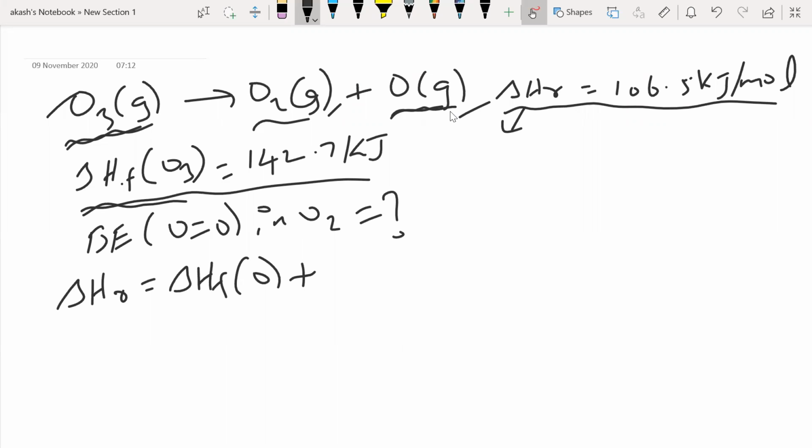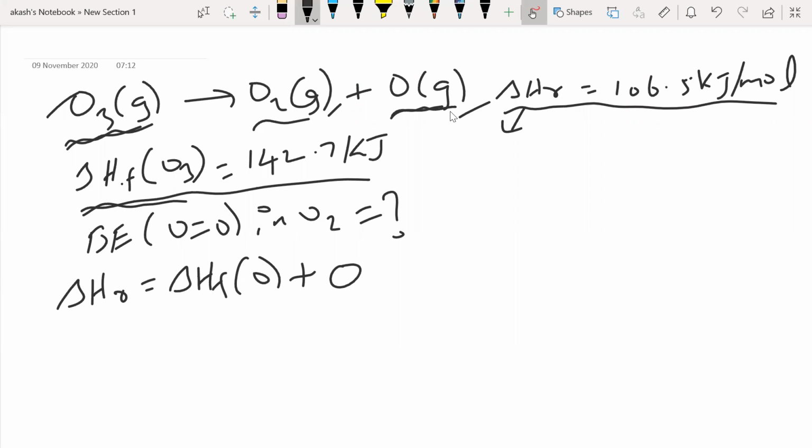So obviously, enthalpy of formation of O2 is 0. We did this a lot of times. You have to remember this, people. Is that cool?